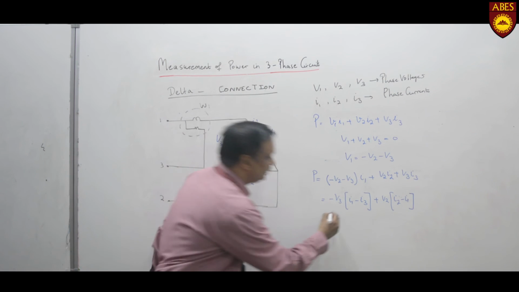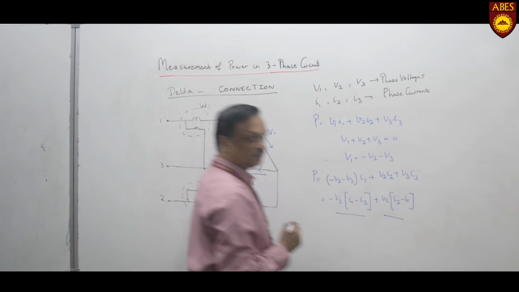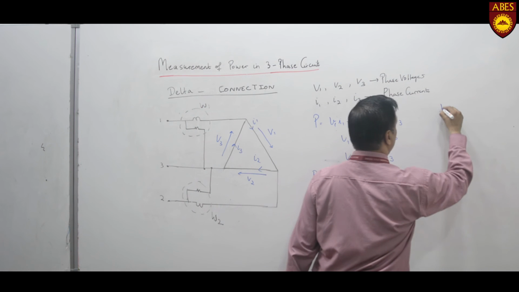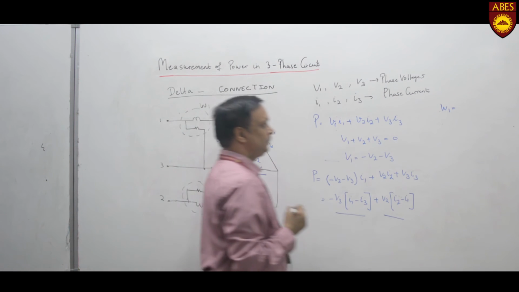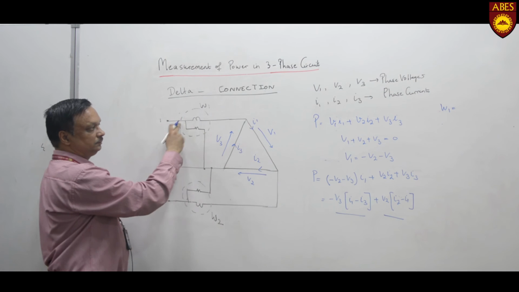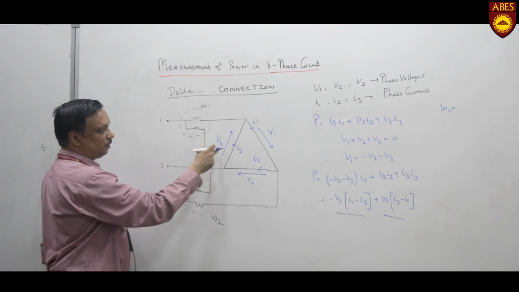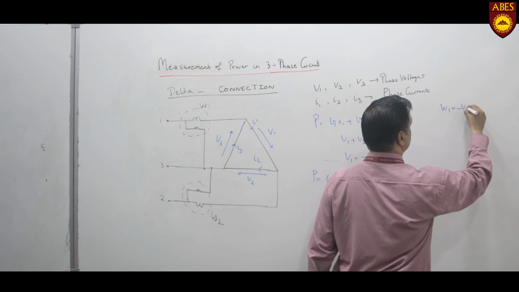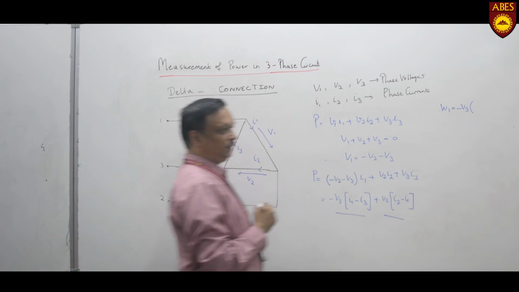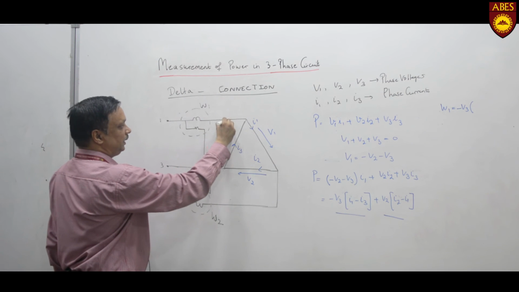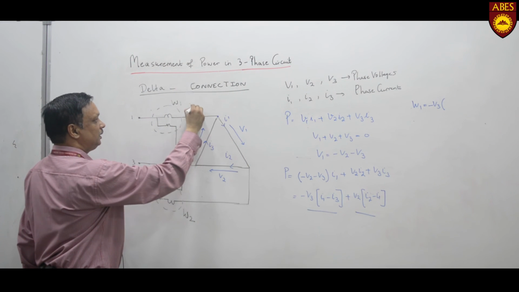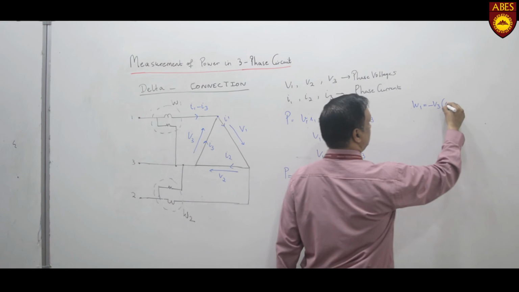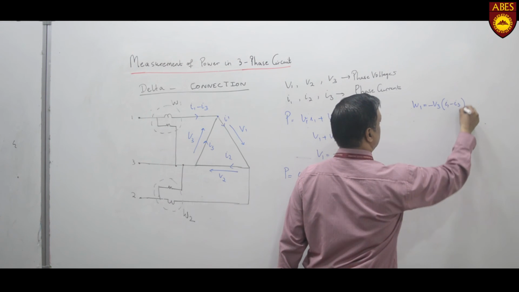Now let us check the results. Looking into the circuit diagram, we see that W1 is connected to terminal number 1. The voltage across wattmeter 1, if you are moving in the direction, is opposite to V3, so we write minus V3. The current flowing in the wattmeter, applying KCL at this node, will become I1 minus I3.